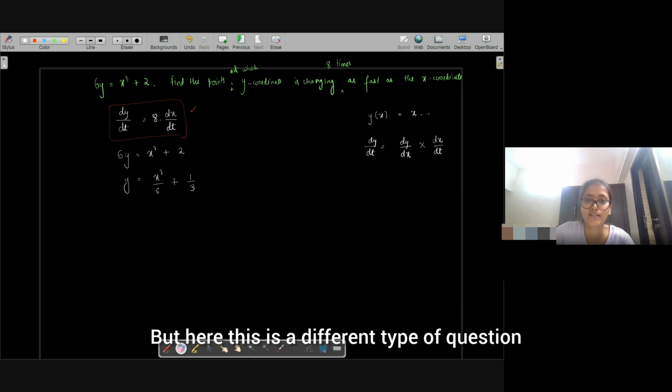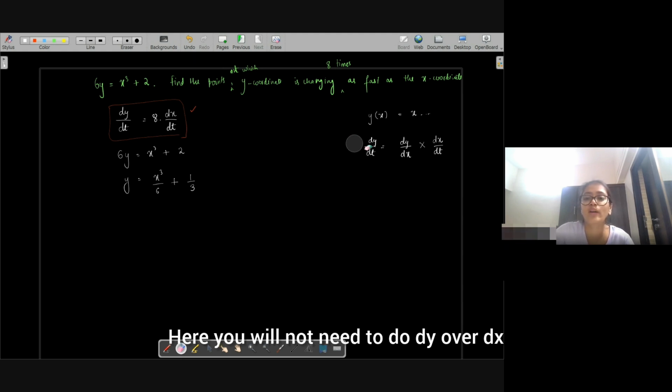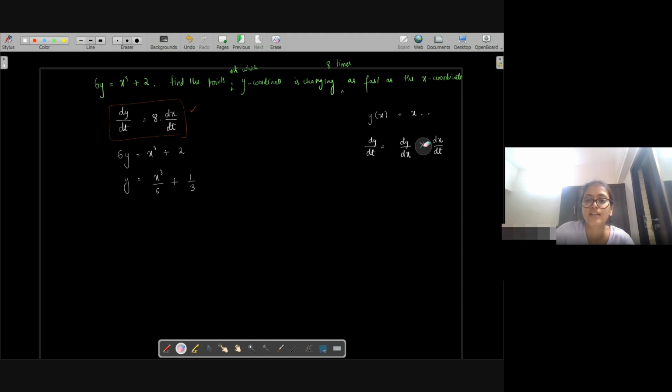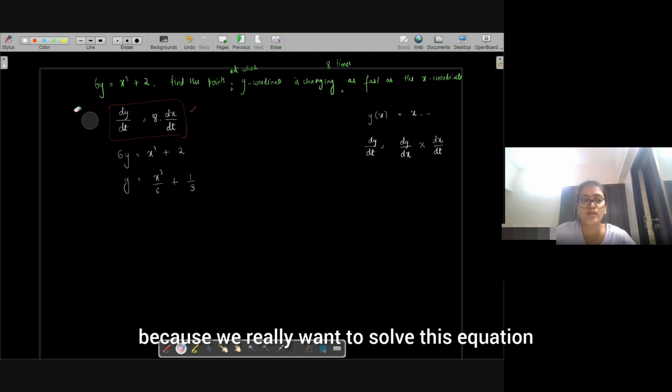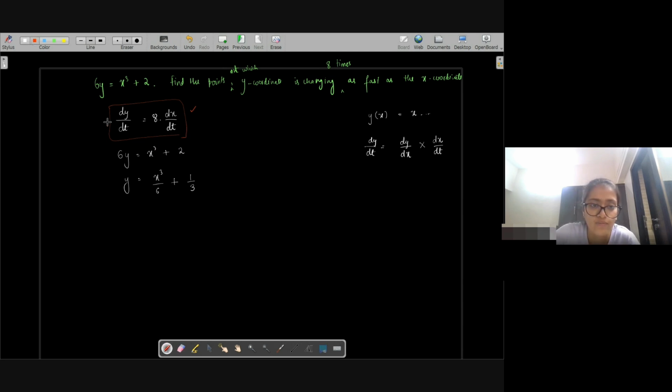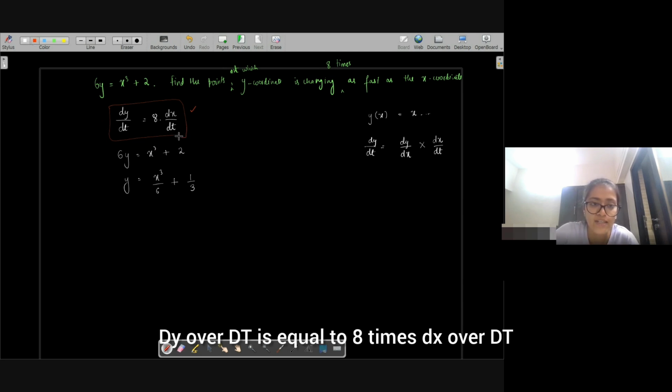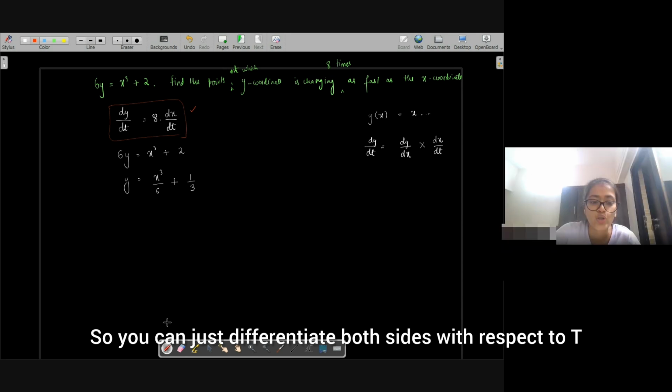But here, this is a different type of question. Here you will not need to do dy over dx times dx over dt, because we really want to solve this equation, dy over dt is equal to 8 times dx over dt. So you can just differentiate both sides with respect to t.